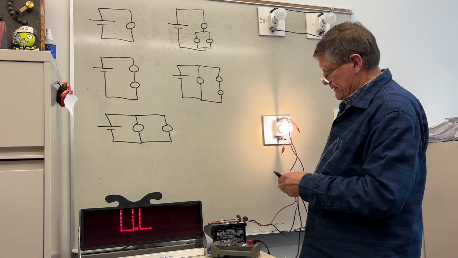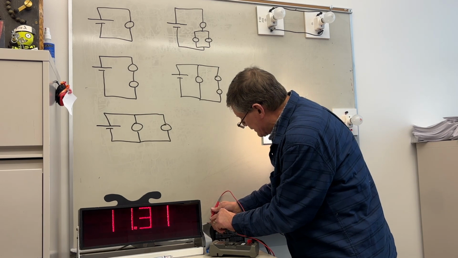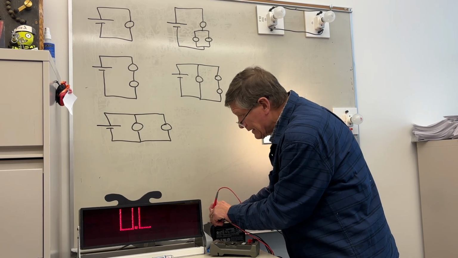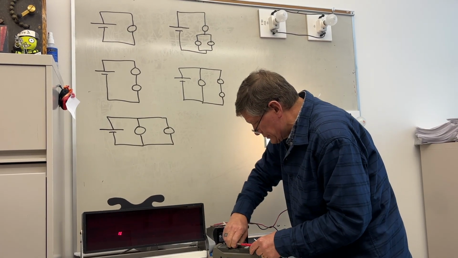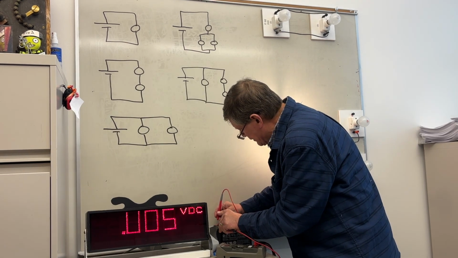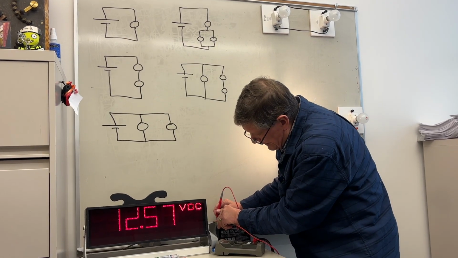Now, I'm going to start by measuring the voltage across the battery. I've got it set on ohms because I was measuring the resistance of the bulb. Let's put it on voltage, and we get 12.57.